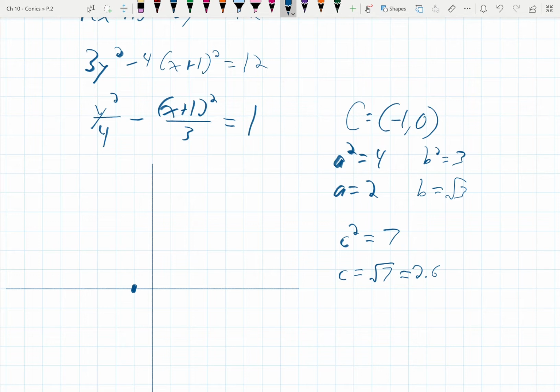I know that because y is first. So I'm going to go up 2 and down 2. Left root 3 and right root 3, and we know root 3 is about 1.7. And then we're going to go up 2.6 and down 2.6 and put the foci in.